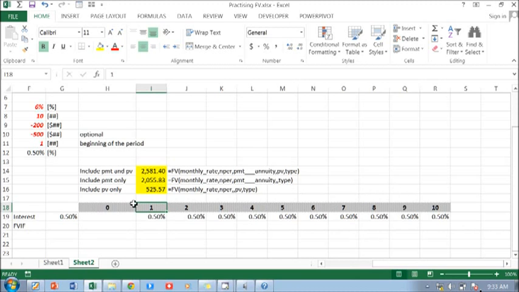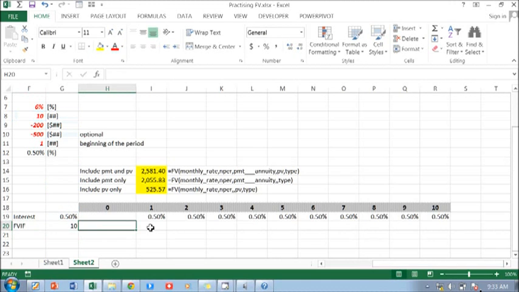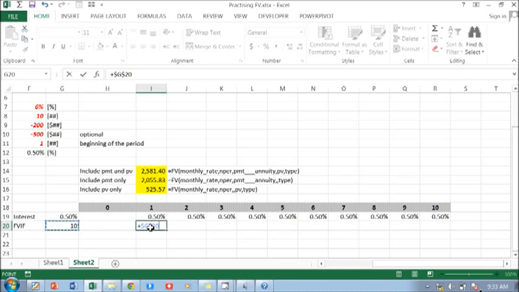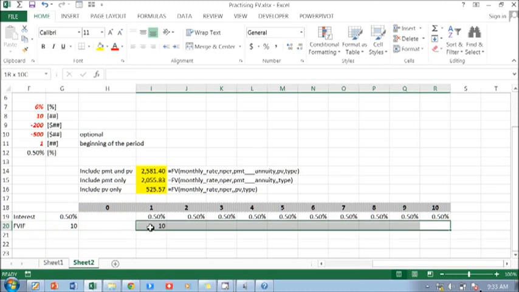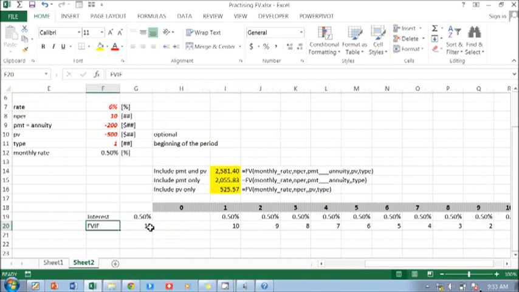But if it happens at the beginning of the first period, it will compound 10 times: 1, 2, 3, 4, 5, 6, 7, 8, 9, 10. Okay, so basically it's not really difficult. We have 10 periods here, so this is 10 times, right? So I just put here F4 minus 0, and then I just copy it down. Right, so we already have the compounded periods.